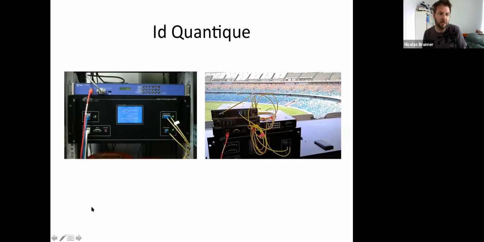And this technology, I think today for 100,000 francs or something like this, you can buy a system. For you and me there is no point, but for a bank, 100,000 is not so much, and if it really secures your data transmission, it's really worth it.